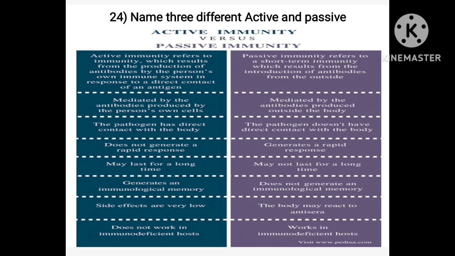Question number 24. Name the difference between active and passive immunity. Active immunity refers to immunity which results from the production of antibodies by the person's own immune system in response to a direct contact with an antigen.